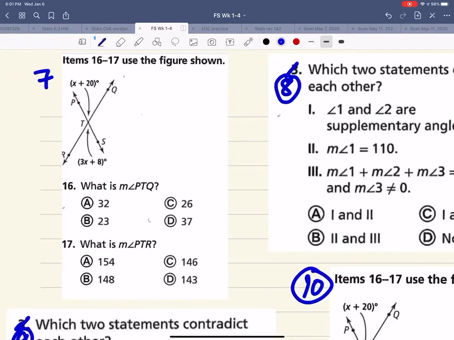Okay, yeah, these two are vertical, so we're going to set them equal to one another and solve. So x plus 20 is equal to 3x plus 8. All right, and then I'll subtract 8. And then we'll divide by 2.